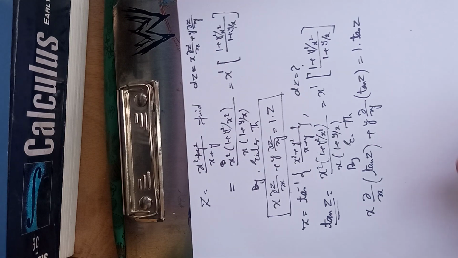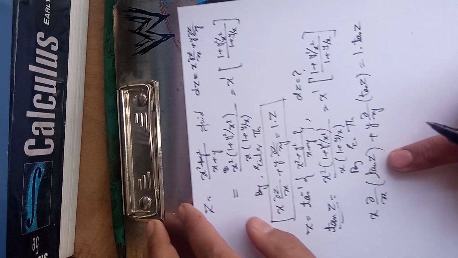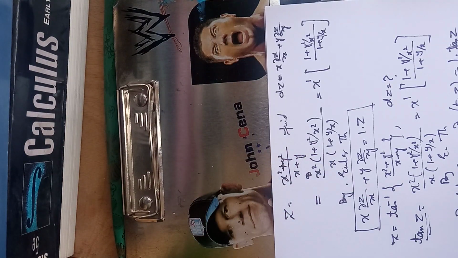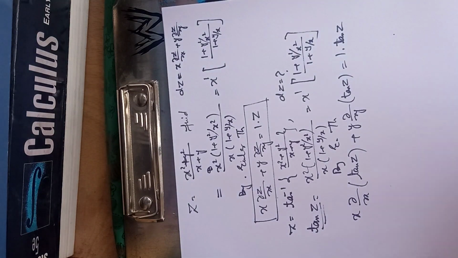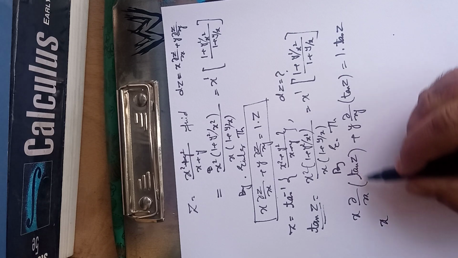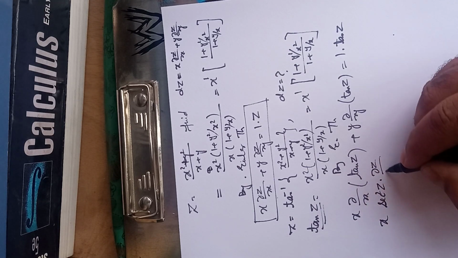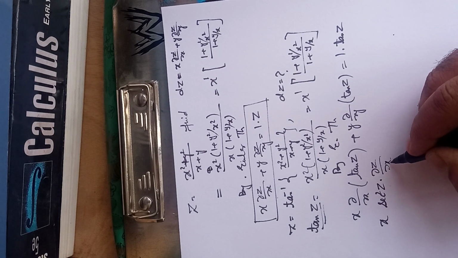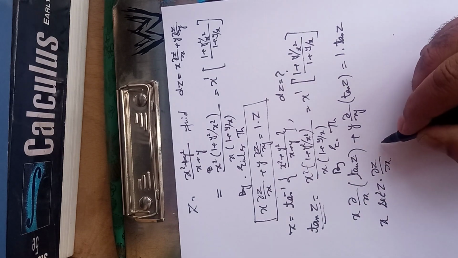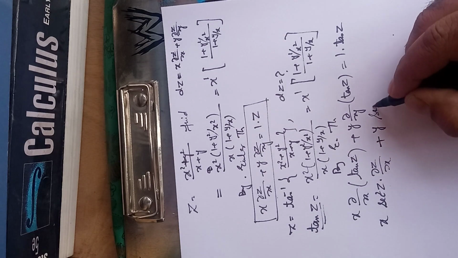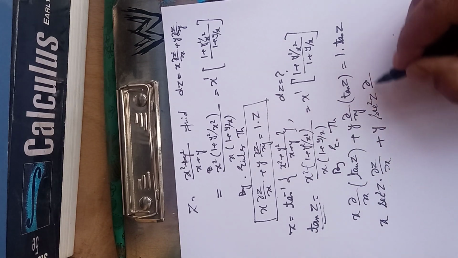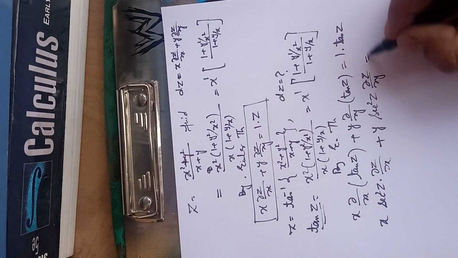Fine. Now z is a function of x as well as y. So you can differentiate z partially with respect to x as well as y. The derivative of tan z with respect to x is sec square z del z by del x, because z is a function of x as well as y. Similarly, y sec square z del z by del y.